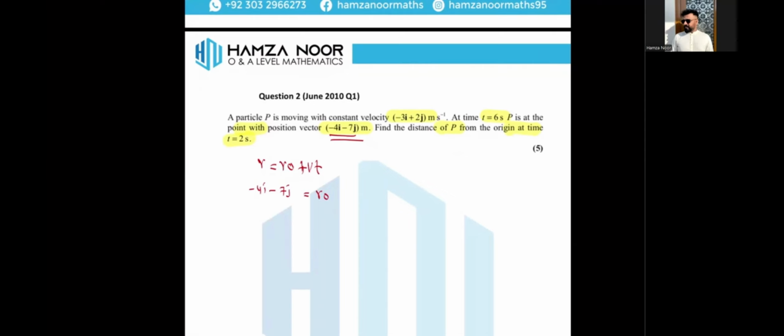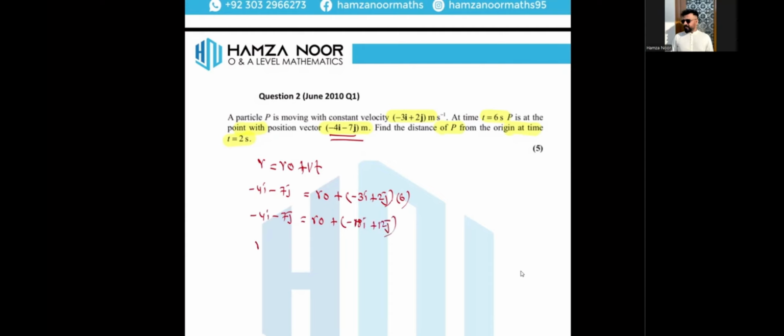So first of all, we have to find r naught. The constant velocity vector is given, which is minus 3i plus 2j, and the value of t is 6, meaning the r vector is minus 4i minus 7j when time t equals 6 seconds. So minus 4i minus 7j equals r naught plus minus 18i plus 12j.